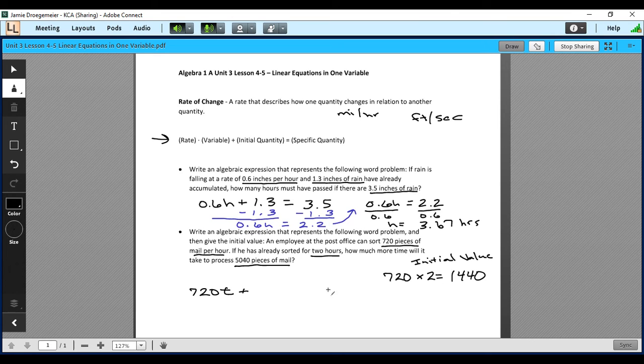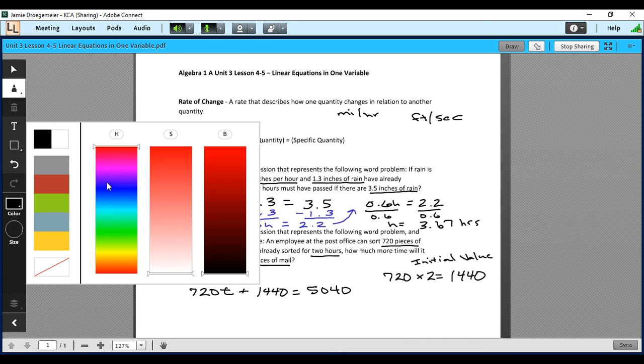Our initial quantity we found was 1,440. We're trying to find how much time it's going to take to get to 5,040. All right, so there's our initial value. Here's our equation.